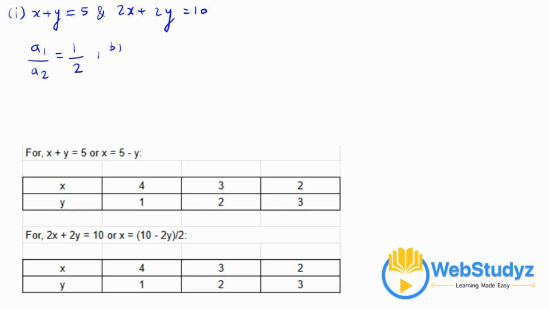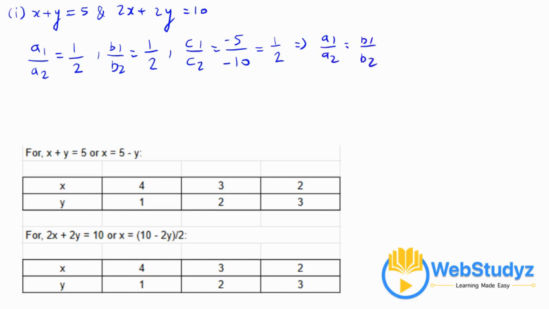Now we can calculate b1 by b2. b1 is again 1 and b2 is 2, and c1 by c2. c1 is minus 5 and c2 is minus 10. So this comes out to be 1 by 2. So as we can see, a1 by a2 is equal to b1 by b2 is equal to c1 by c2.